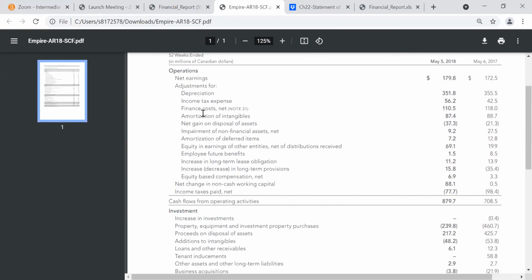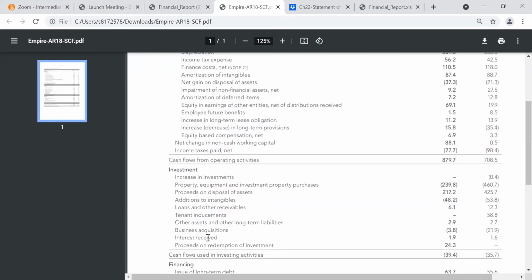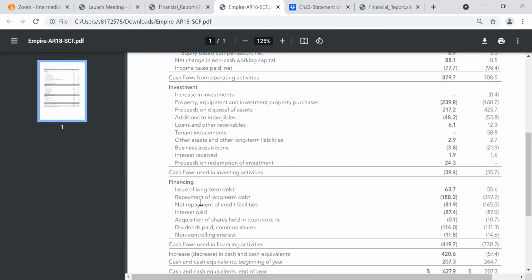See, they back out the income tax expense here to replace that with the income tax paid. And they back out finance cost here. And let me see, there should be somewhere. Oh, I think interest received is in investing activity, and interest paid is in financing activity.